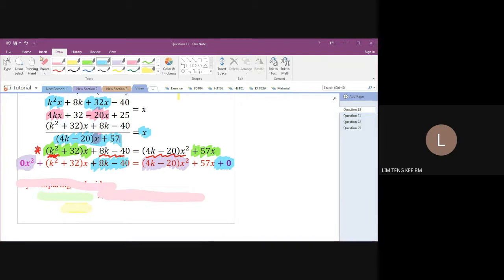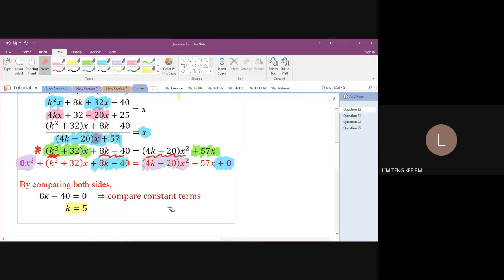And therefore, the next thing we do is compare both sides. When I say comparing both sides, you just compare the part that you need for solving k. For example, what I do here is compare the constant term, which is the one I highlighted in blue. This gives me 8k minus 40 equals to 0. And therefore, I can solve for k equals to 5.